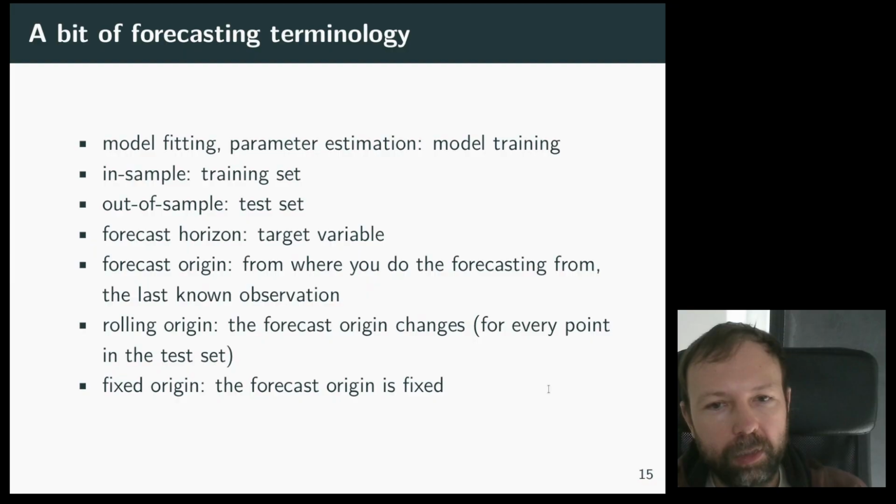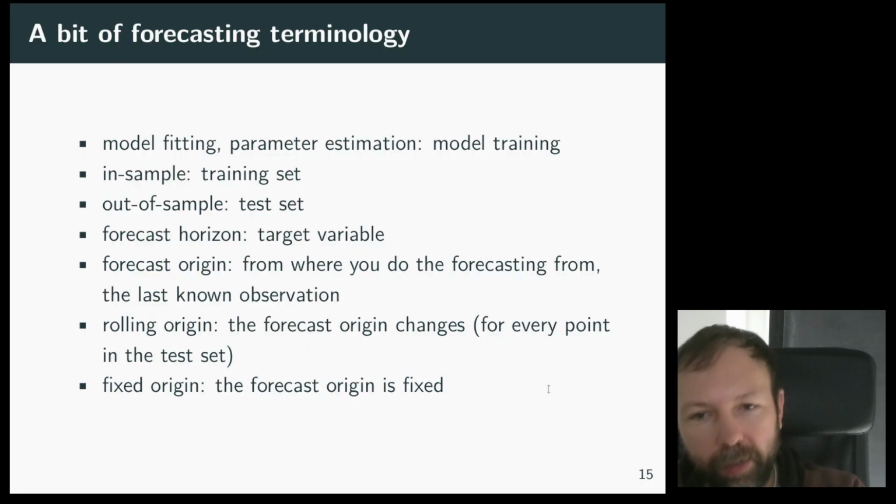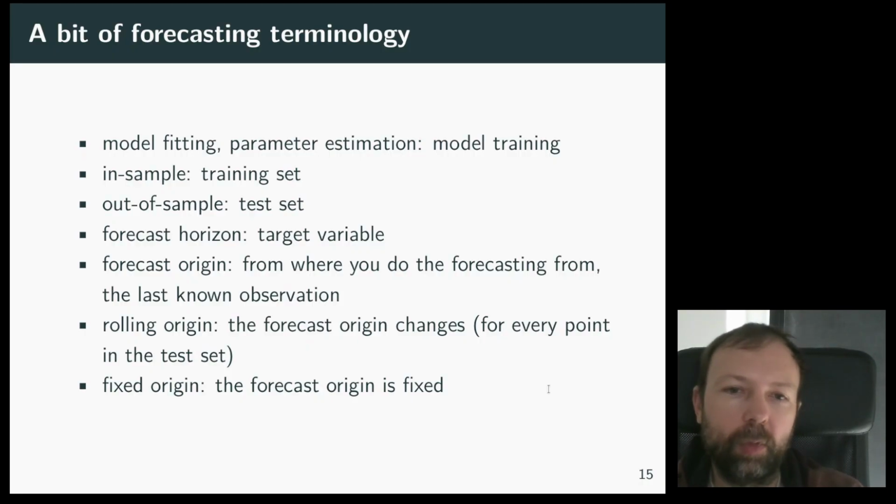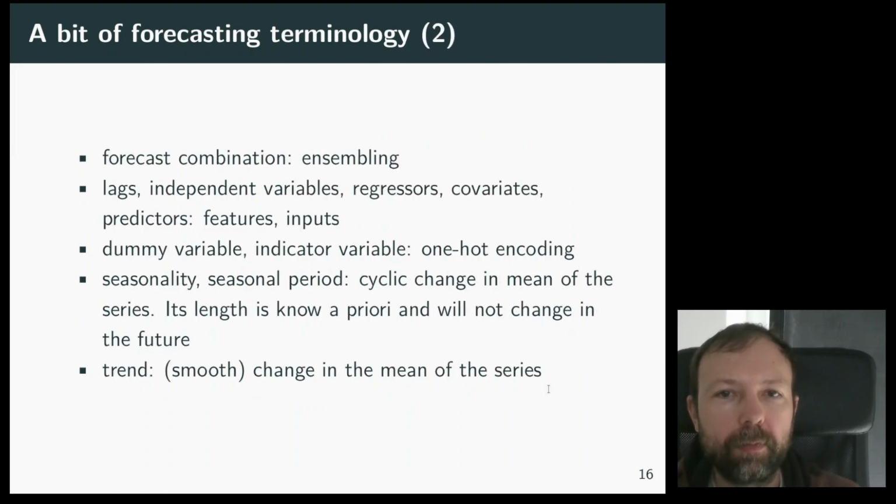A fixed origin is a forecast origin that is fixed, and there usually the horizon changes. So you could do a forecast today for each of the next seven days: tomorrow, the day after, and the day after that. So it's a 1 step ahead, 2 step ahead, 3 step ahead forecast.